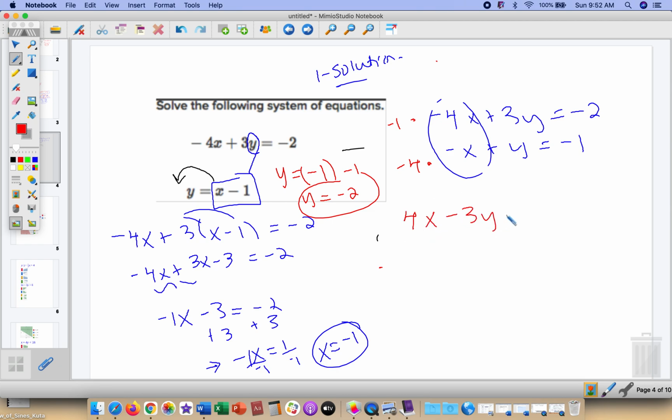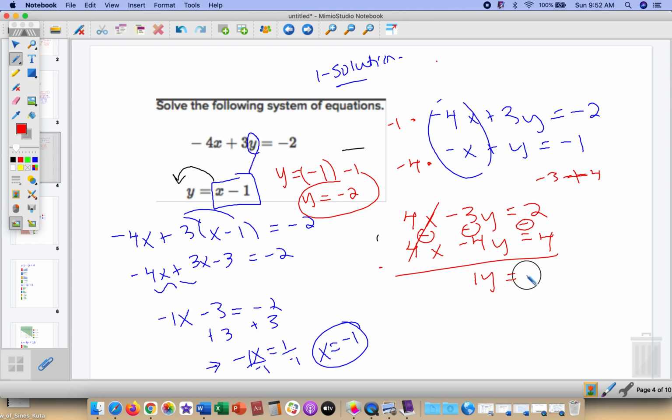Negative 3y is equal to positive 2. The bottom we'd get positive 4x minus 4y equals positive 4. If I subtracted all, I get 4 minus 4 is gone. Negative 3 minus negative 4 is negative 3 plus 4. So we have 1y equals negative 2. So y would equal negative 2.